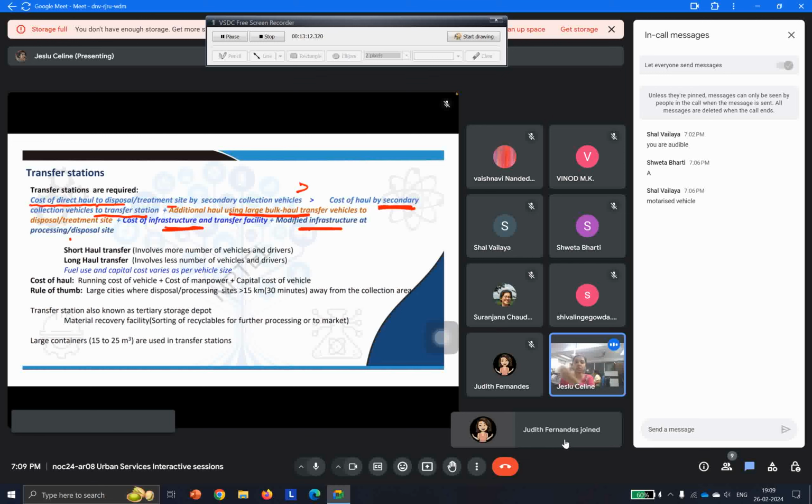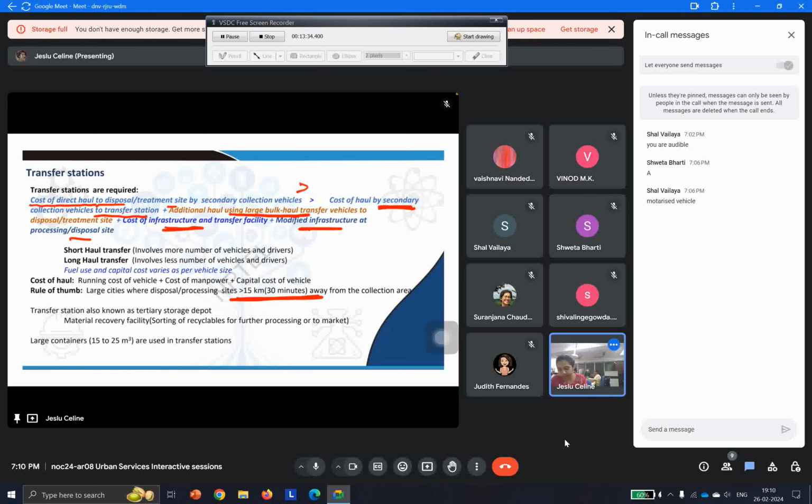So you have a transfer station, you need certain vehicles coming from the secondary storage to the transfer station, then from the transfer station to the disposal site. All this put together, if this cost is lesser than the cost of directly putting it in the disposal site, then we give a transfer station. But usually we provide for around 15 kilometers.